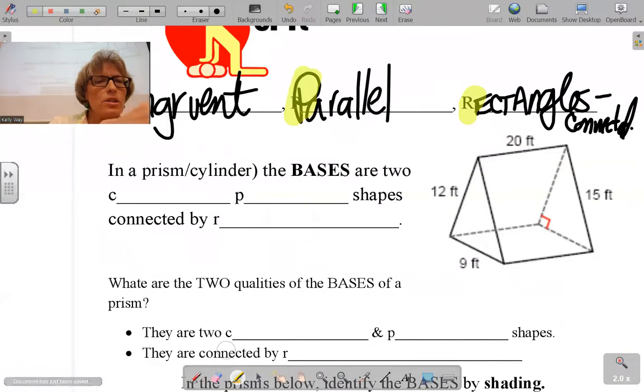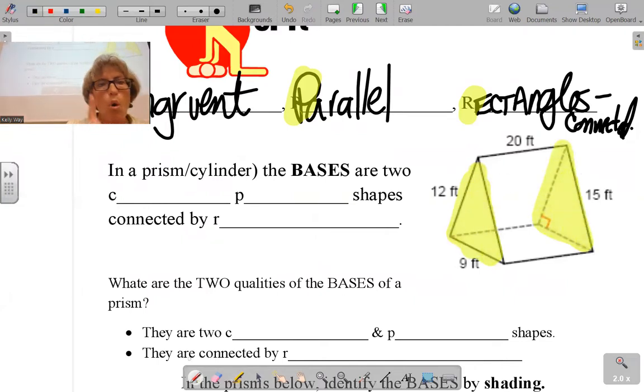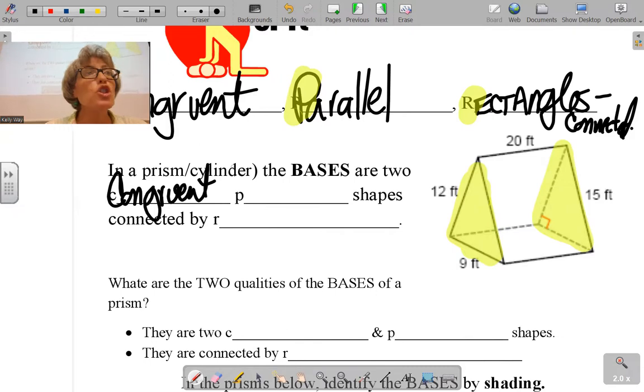Your base would not be the bottom. That's not the base. Don't shade it. Your bases would be these two triangles. Those would be your bases. Why? One, they are congruent. Two, they're parallel to each other.